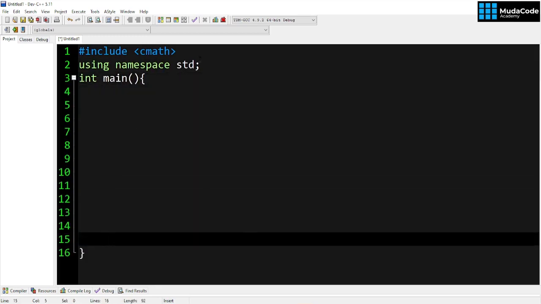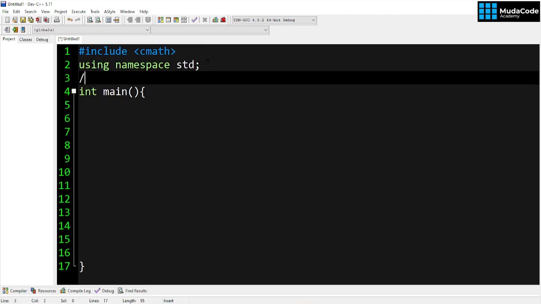So before we solve, let's try the problem here. Welcome to Mudassir Academy. We have a C++ program to solve linear equations using Mudassir's formula.